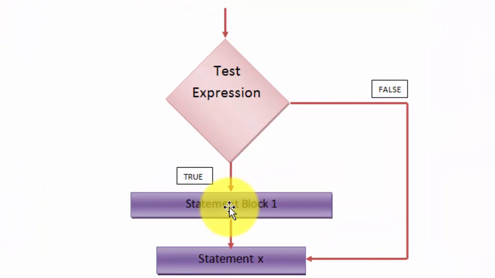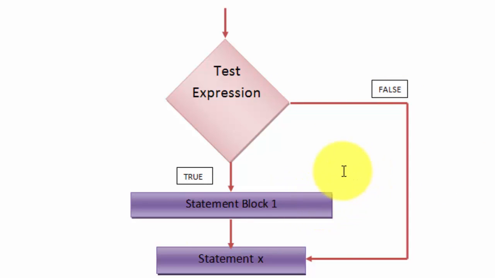In this statement, whatever the expression is, it will be executed if true. Else, if the expression is false, in that case the statement is skipped by the compiler.